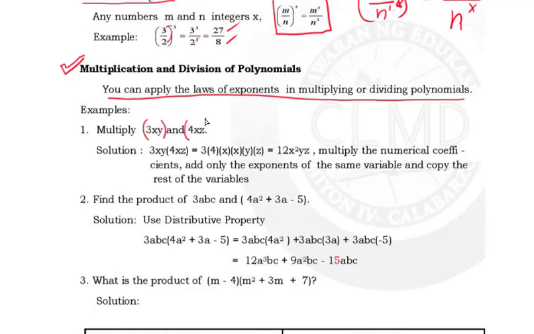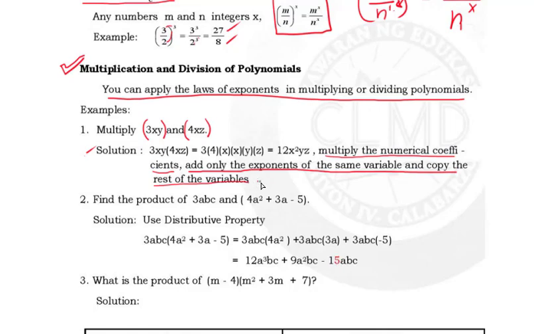Number 1: multiply 3xy and 4xz. Let's read the solution and apply our laws of exponents. Multiply the numerical coefficients and add only the exponents of the same variable, and copy the rest of the variables.